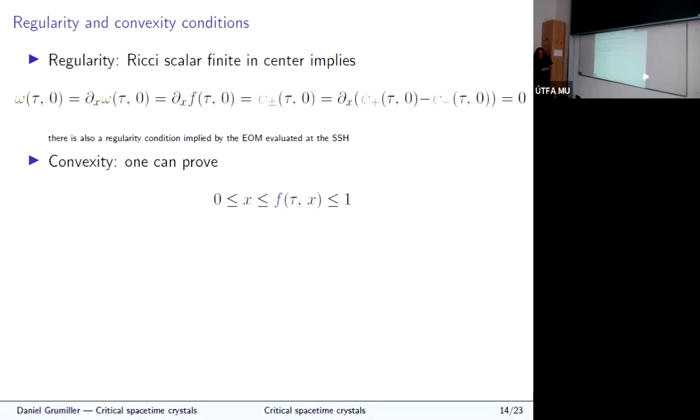Most of them are by construction, because we demand that the radial coordinate x has value 0 in the center, so it has to be bigger or equal to 0, and the SSH is at 1, so x has to be in the range between 0 and 1. Moreover, f has to be strictly bigger than x in all the region except on the SSH. But the non-trivial aspect is that f is always bounded from above by 1, and you can prove this by analyzing the equations of motion. And this is going to be important in the large D limit. That's why I like these conditions.